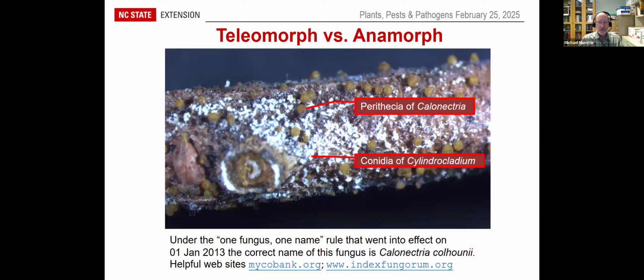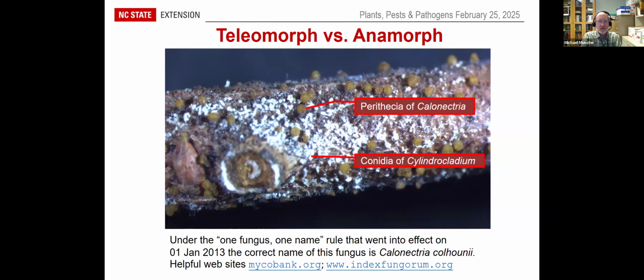One of the other things to mention here is analogous to Matt's slide of the corn rootworm and the cucumber beetle being different life stages of the same organism. With fungi, many of them have two different stages and very different morphologies between those two stages of formation of spores. One we call the teleomorph, which is the formation of the sexual stage, and the other called the anamorph, or the asexual stage.